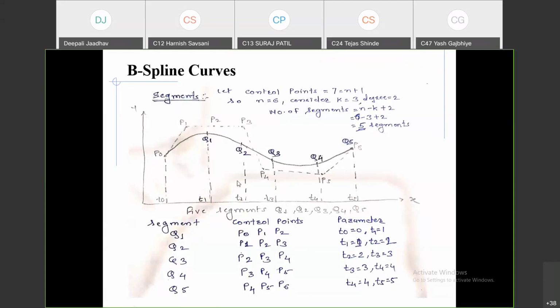Here again we consider the same example, that there are 7 control points, so n plus 1 is equal to 7, that is P0, P1, P2, P3, P4, P5 and P6. As there are 7 control points, n is equal to 6. Consider k is equal to 3, so the degree is equal to 2. Degree is always 1 less than the value of k.